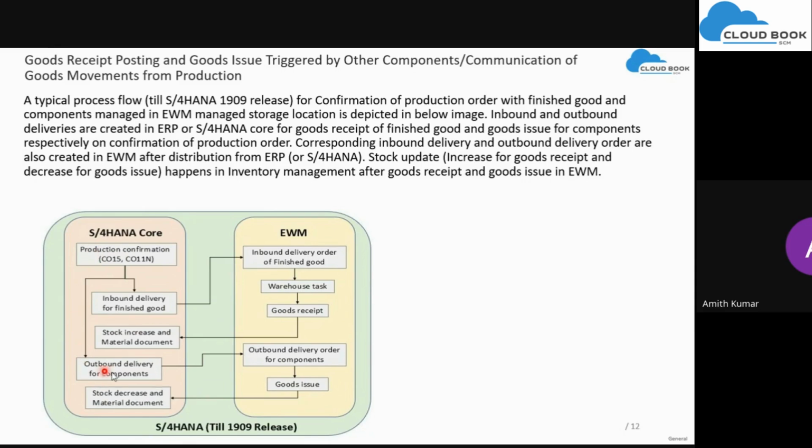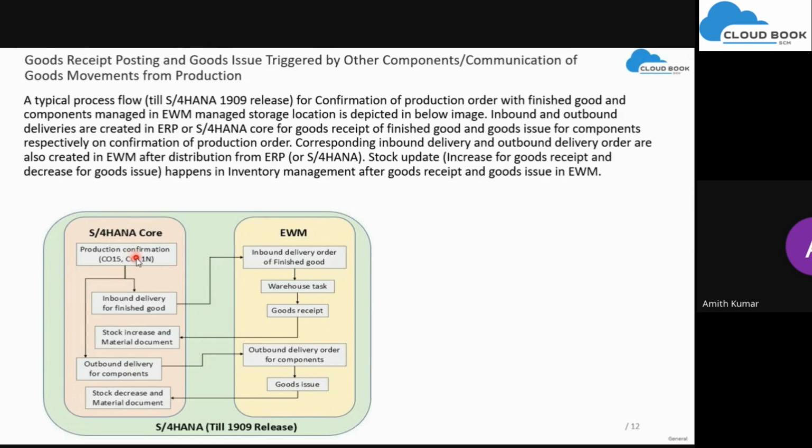So for that, I need to supply it to my source, to my PSA. For that, an outbound delivery is getting created, and using that outbound delivery, picking will happen, and the goods issue will happen from EWM, and the consumption will be replicated. So here you see, for the consumption, a delivery is getting created, right? The delivery is needed for the consumption.